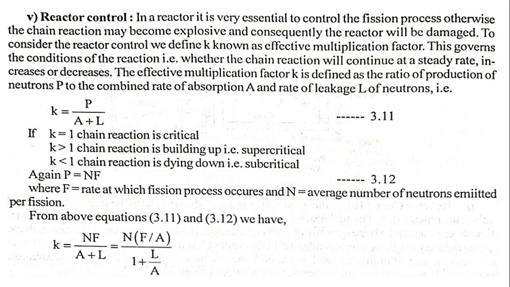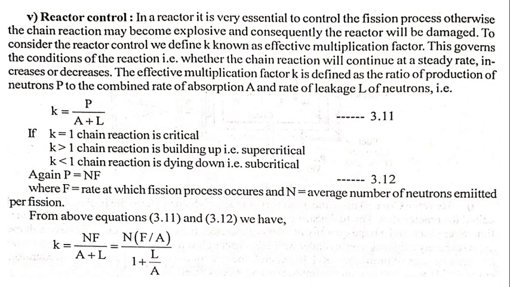or decrease. The effective multiplication factor K is defined as the ratio of production of neutrons P to the combined rate of absorption A and rate of leakage L of neutrons.